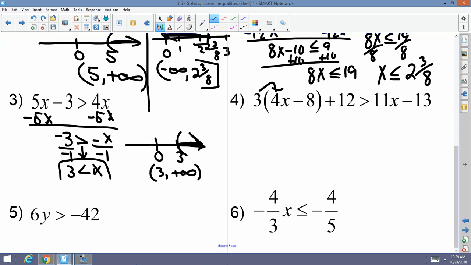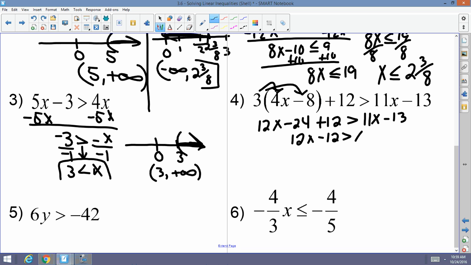So first I'm going to distribute. So I've got 12x minus 24 plus 12 is greater than 11x minus 13. Okay, so this is 12x minus 12 is greater than 11x minus 13. I'm going to subtract the 11x from both sides.